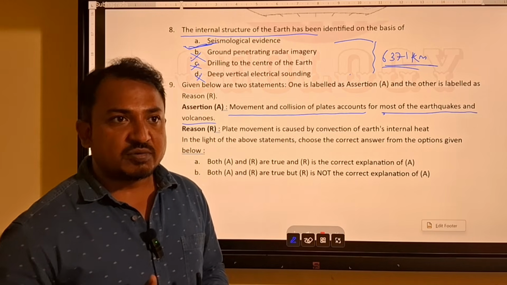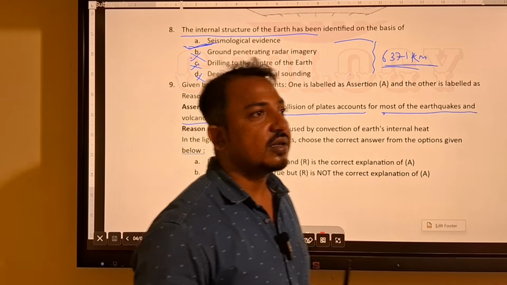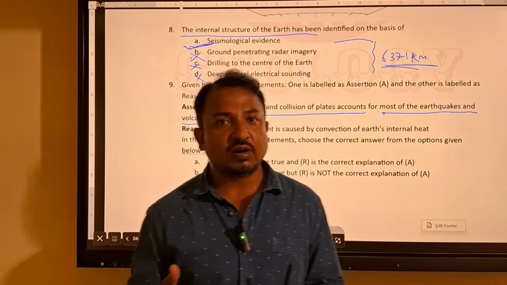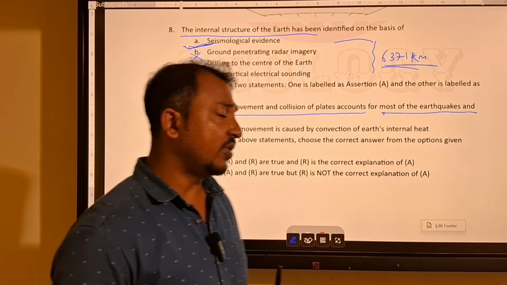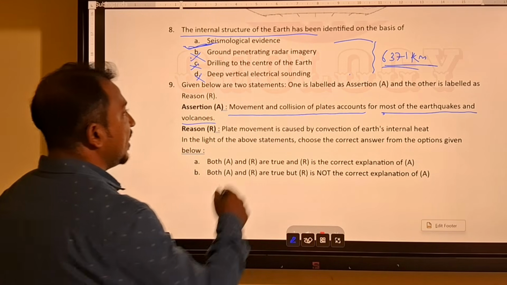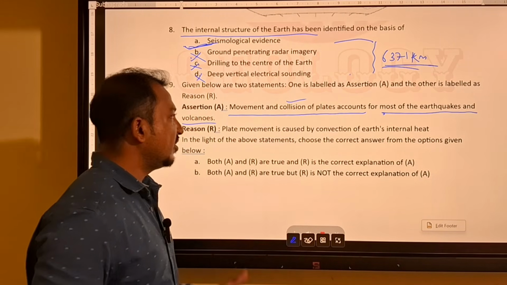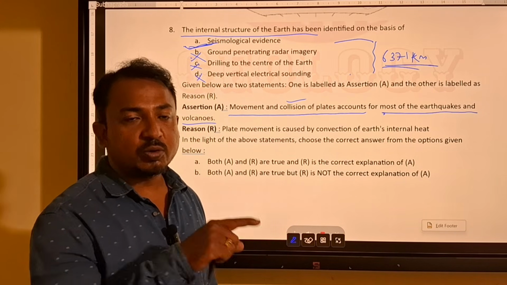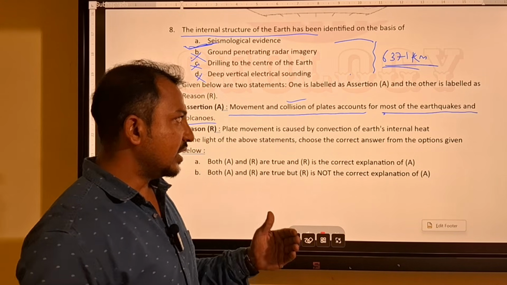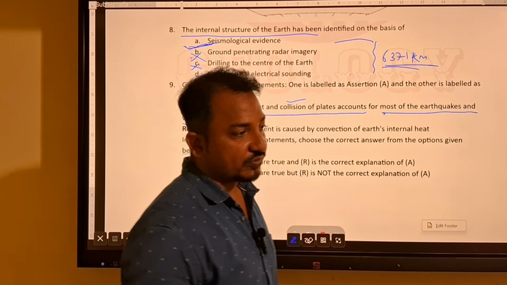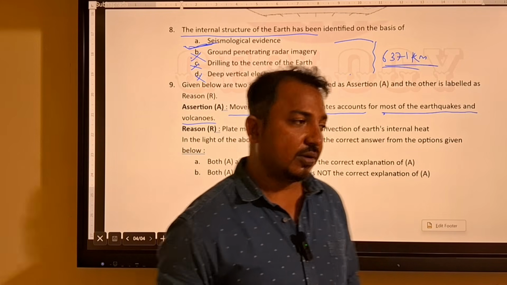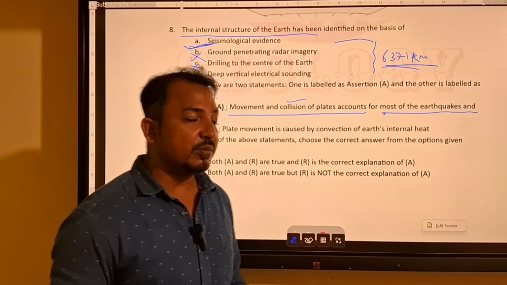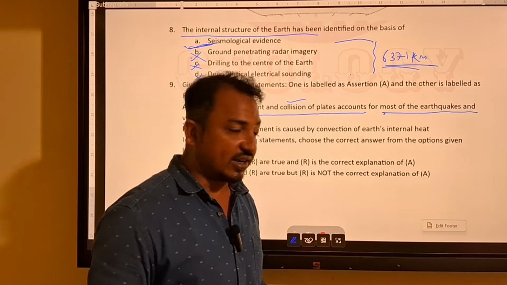In a divergent plate boundary, you will get shallow focus earthquakes. In a convergent plate boundary, you will get all types of earthquakes, from deep to shallow focus. So the movement and collision of plates produces earthquakes, and volcanoes are also confined to the plate boundaries. Except for hotspot volcanoes, all other volcanoes are confined to plate boundaries. You can take the example of the ring of fire.